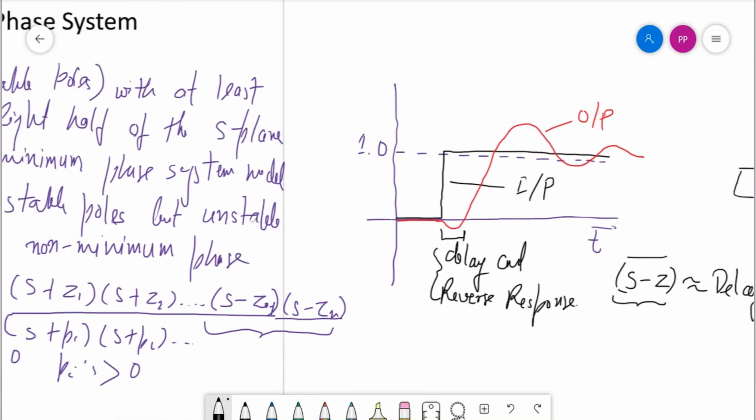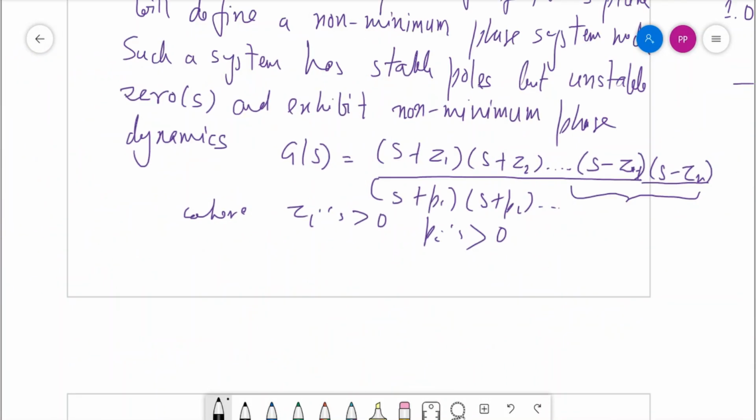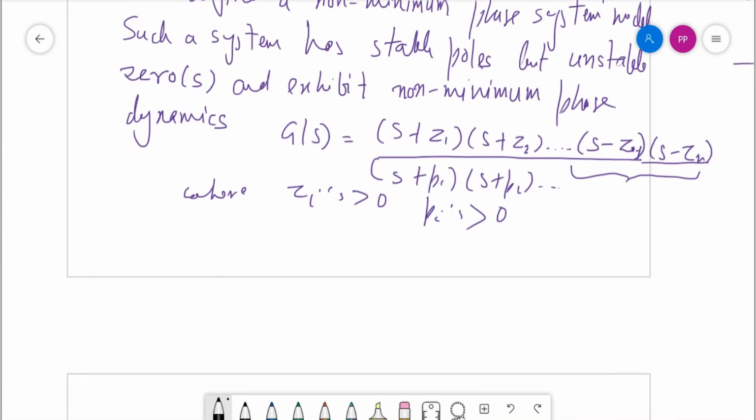Based on these two topics, we will have a quiz. So let us have the quiz.